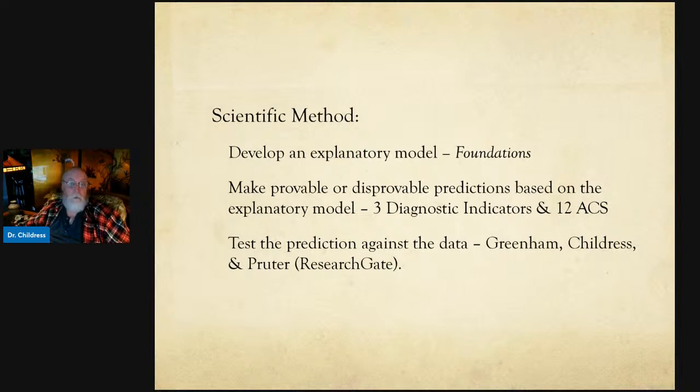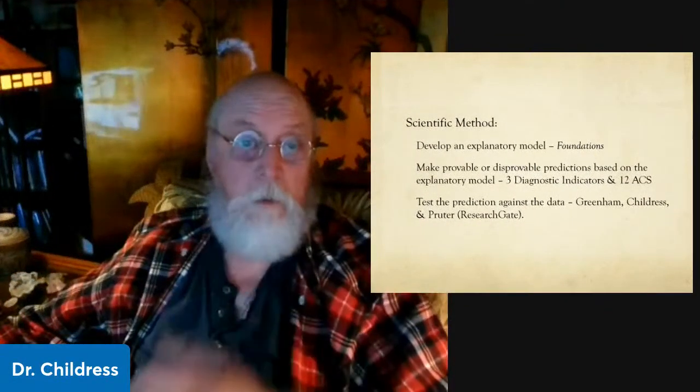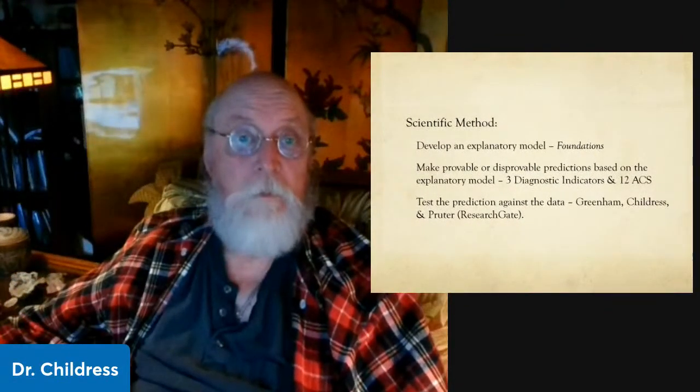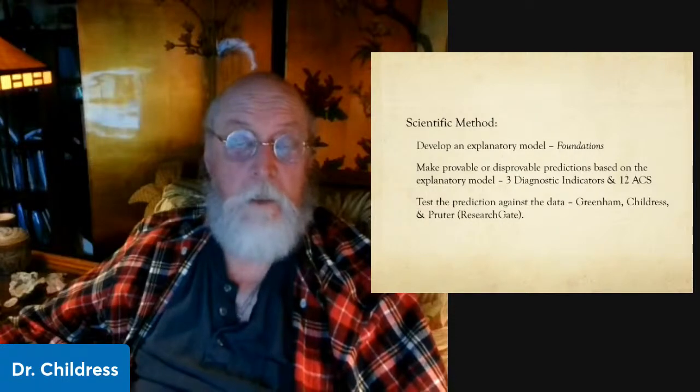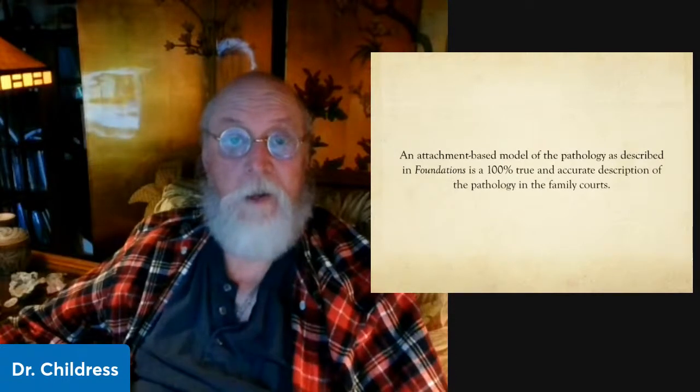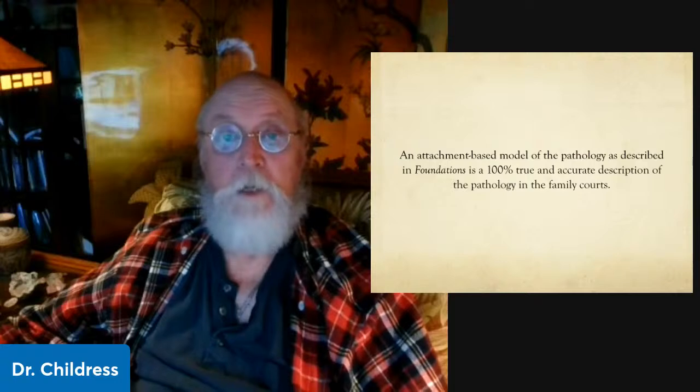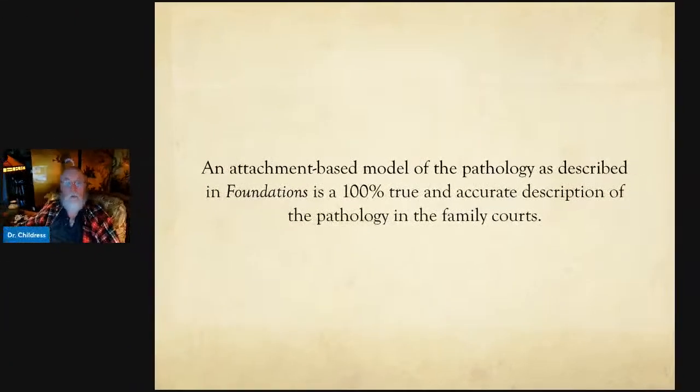And then you test the prediction against the data, which is what Greenham, Childress, and Pruder does. And it's up on ResearchGate. So this pathology is absolutely nailed. Okay, we're diagnostically, everything I say about an attachment-based model of this pathology in the family courts, as described in Foundations, is a 100% true and accurate description of the pathology in the family courts.